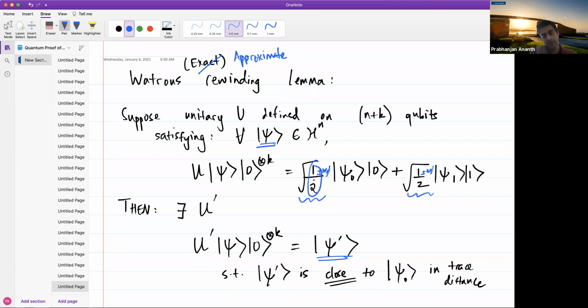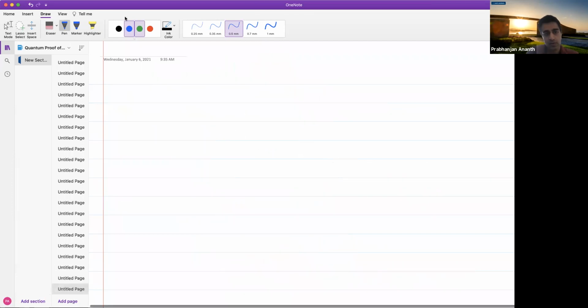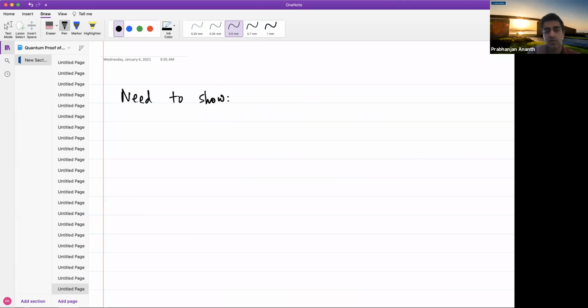So to apply this lemma, the amplitude of the good state has to be negligibly close to the constant, and in some sense it should be independent of the state you started off with. Okay, so we need to show that P is negligibly close to half, right? So that's the first goal: P minus half is negligible.